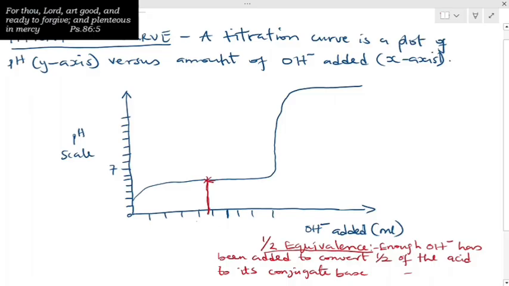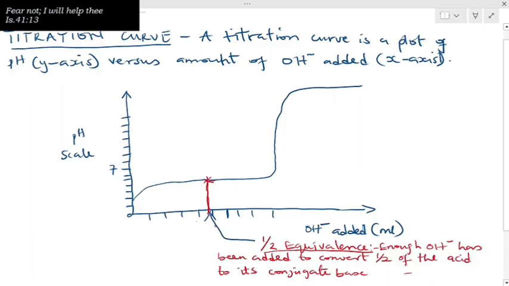It's at this point that you have the half equivalence.